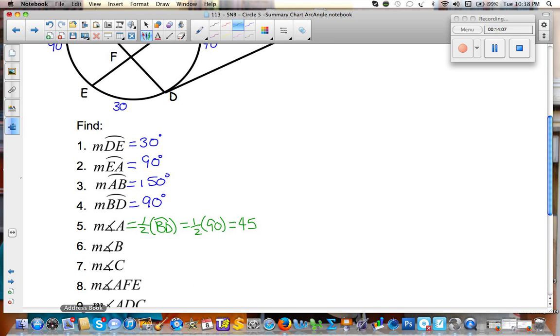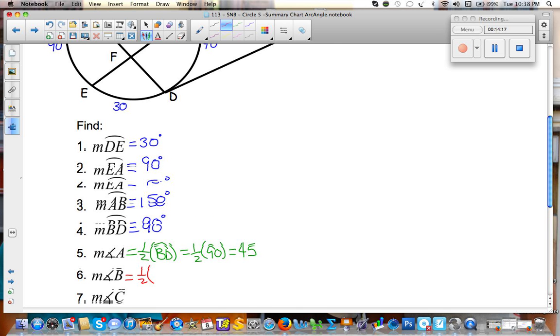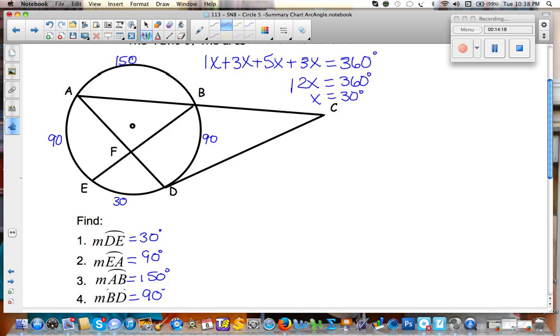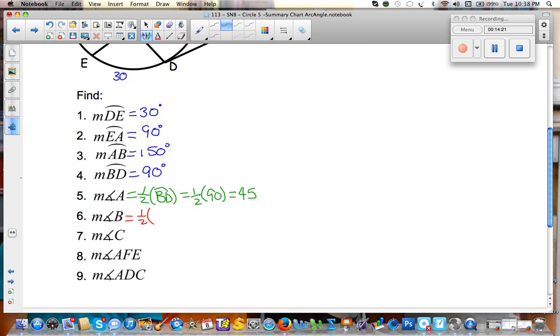So the measure of angle B is going to be half of, and angle B intercepts the arc AE. So we're going to have half the arc AE. And AE is 90 as well, so half of 90, we get 45.